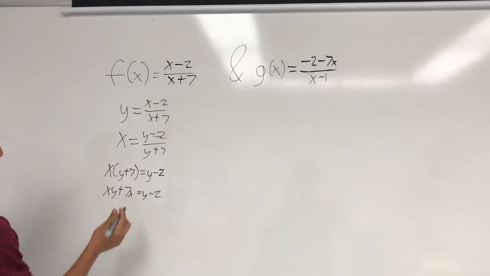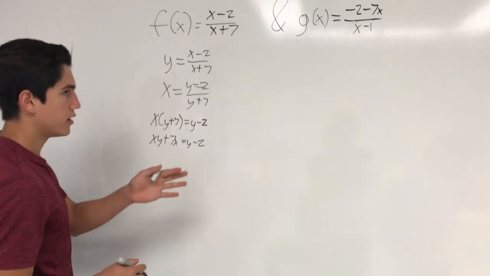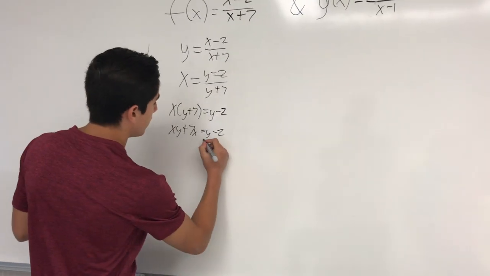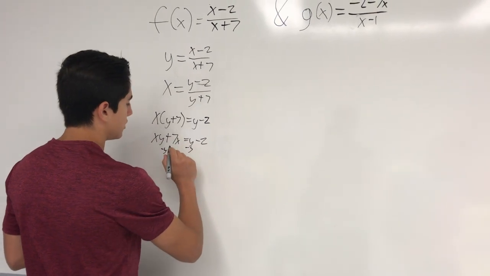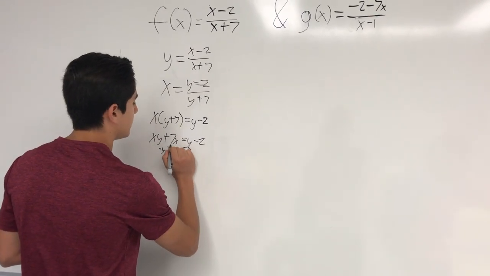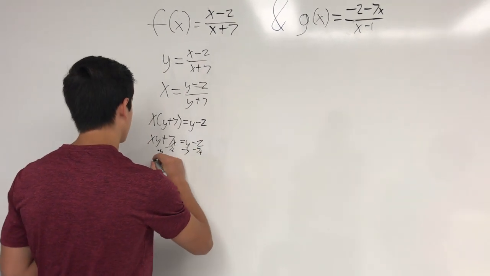When we have that, we will need to place all the y's to one side and all the other numbers on the other side. So this y will go over here by subtraction, and this 7x will go to the other side as subtraction too.